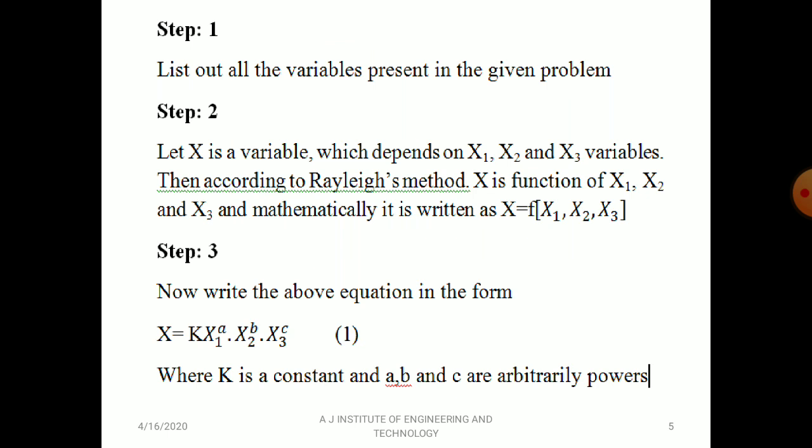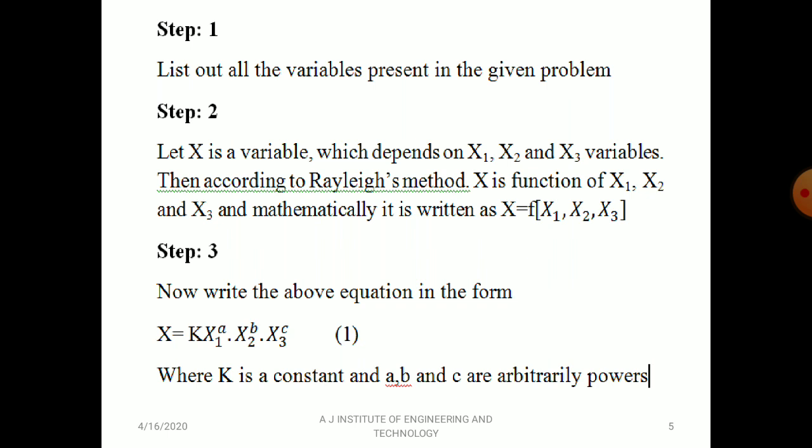Then step 2: let x be a variable which depends on x1, x2 and x3. According to Rayleigh's method, x is a function of x1, x2 and x3, and mathematically it is written as x equal to function of x1, x2, x3. That means x is a dependent variable whereas x1, x2, x3 are independent variables.